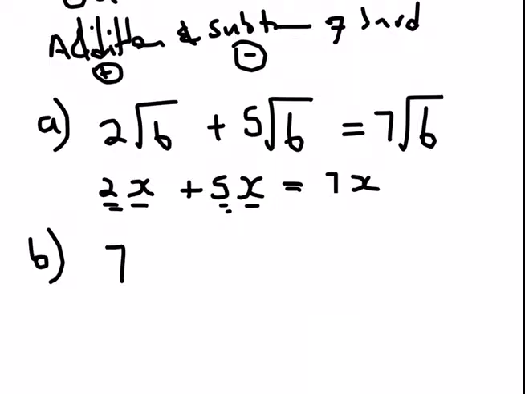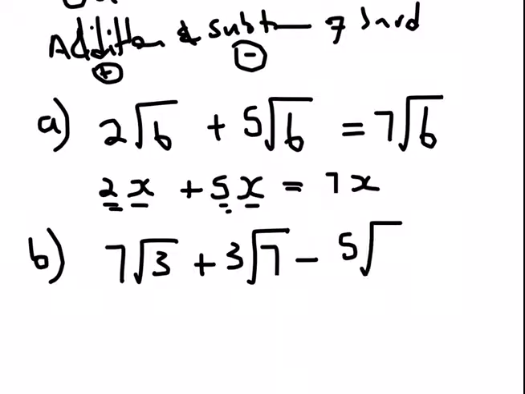Maybe let's do another example. Let's say we have 7 square root of 3, plus 3 square root of 7, minus 5 square root of 7.